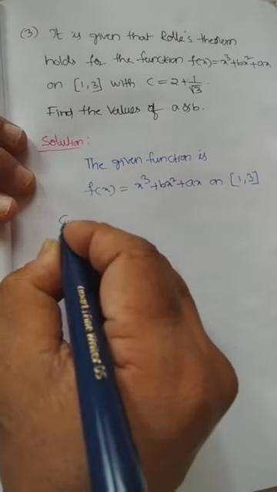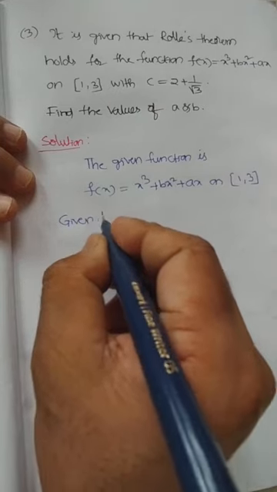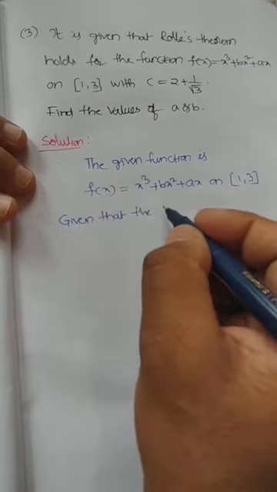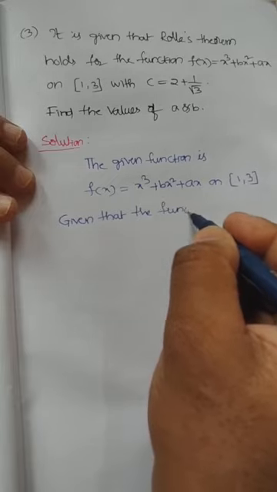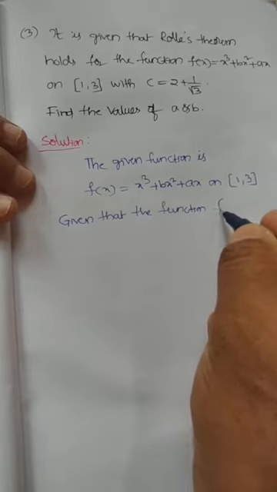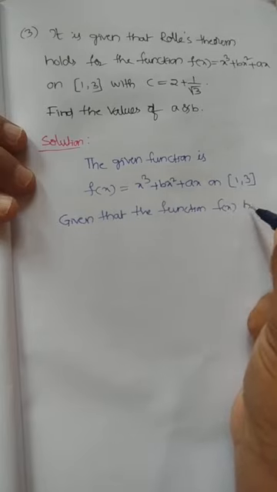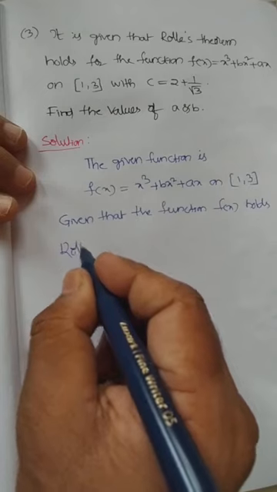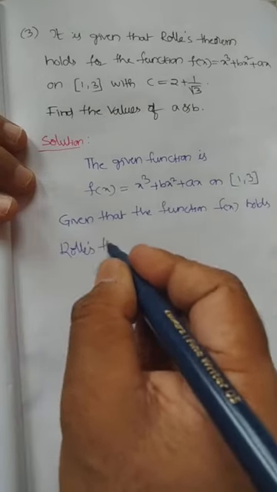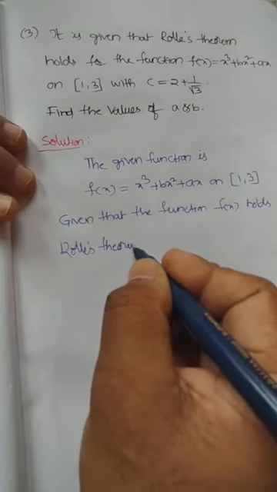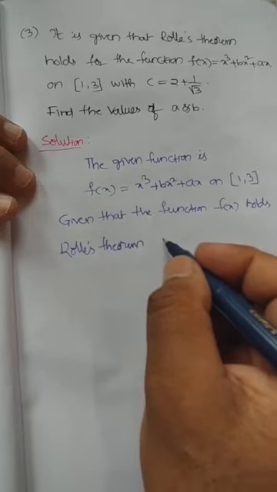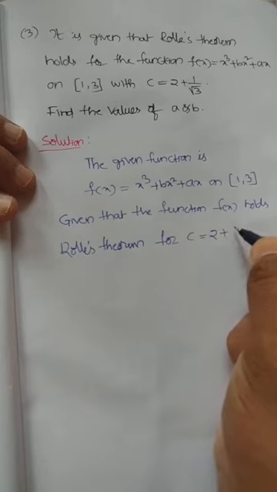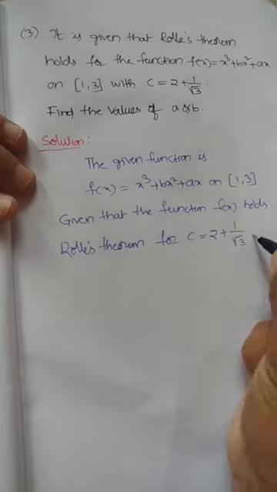Given that the function f of x satisfies Rolle's theorem for c equals the given value, 2 plus 1 by root 3.